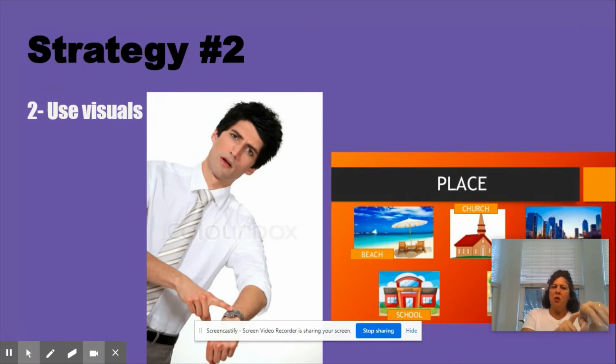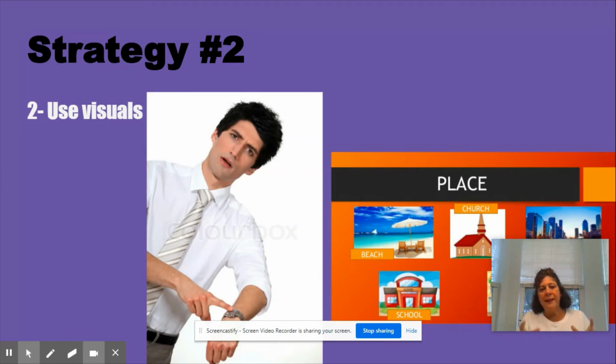And then, of course, place is a little more difficult, but I can do this again with questions and answers, okay? I can ask them, where are we? School. So this is a place. I narrow it down to the classroom, to sitting down. So that is a good way for us to teach context clues by using visuals.